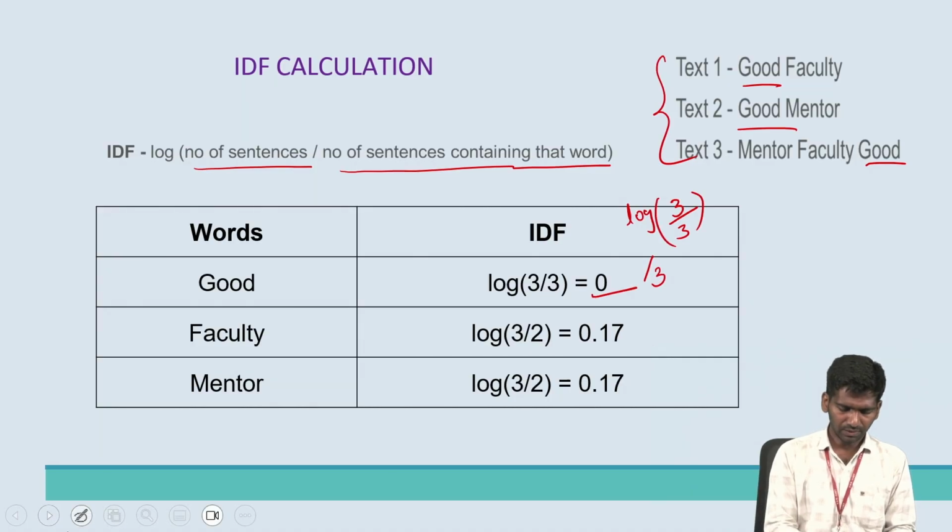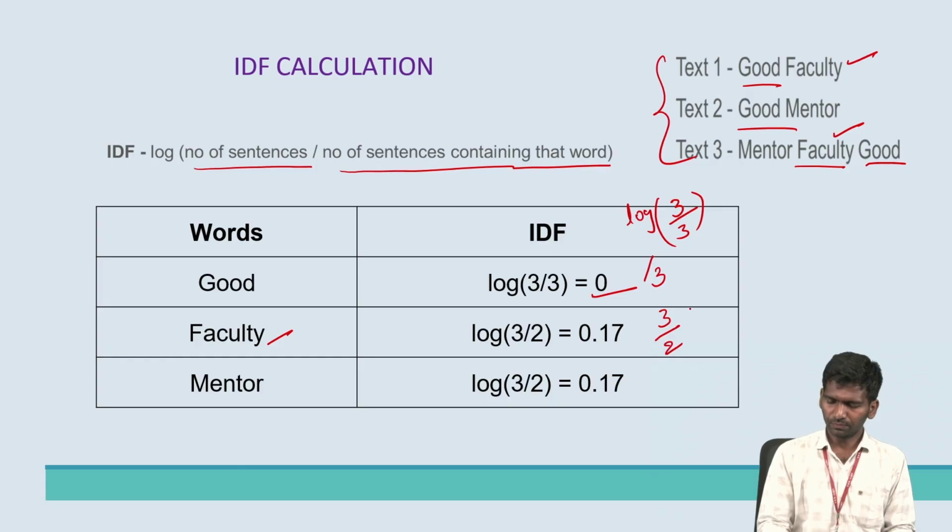Similarly, now you tell me for this word. How many sentences are there? 3. How many of these 3 sentences contain faculty? 2, right? So 3 by 2. Log 3 by 2 is 0.17.